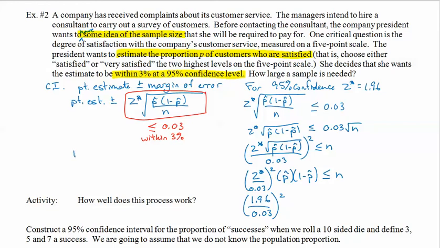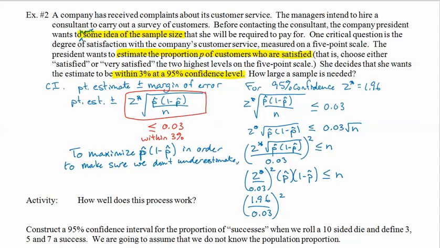So here's our key thing. To maximize n, in other words, well, maybe not to maximize. We need to maximize p times 1 minus p in order to make sure we don't underestimate.